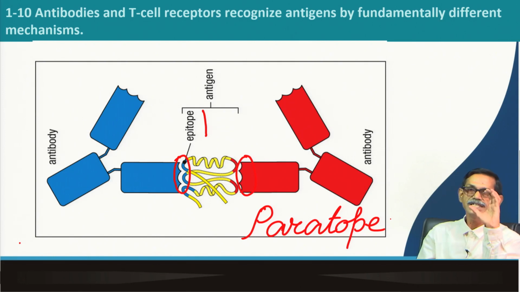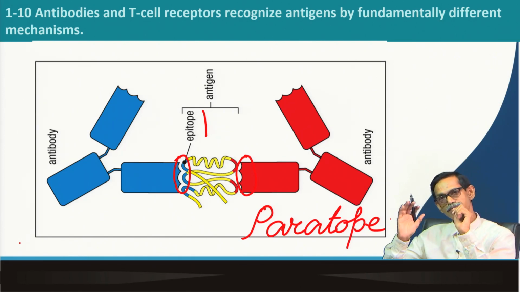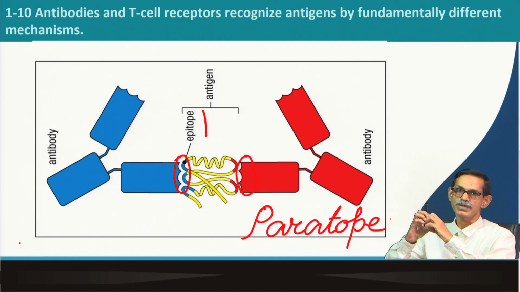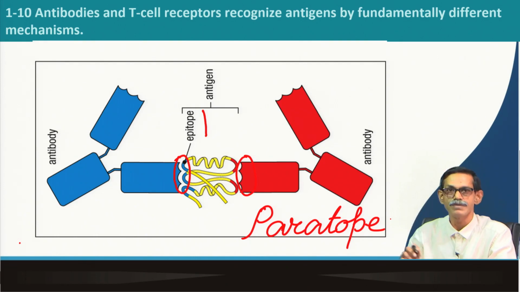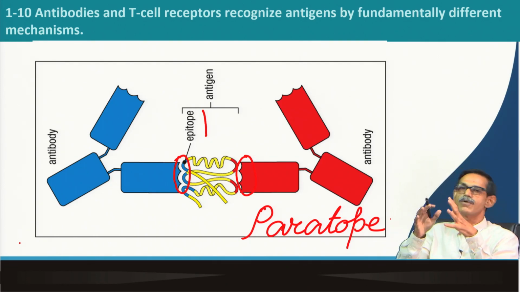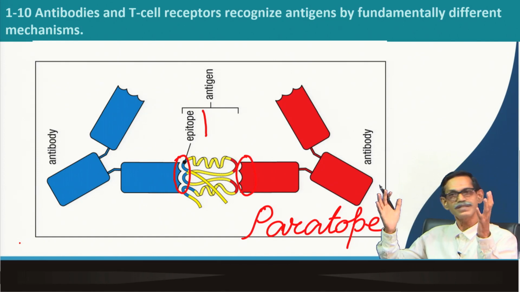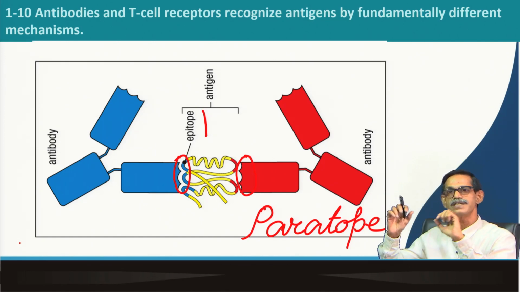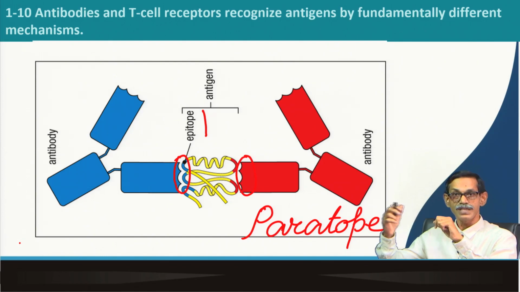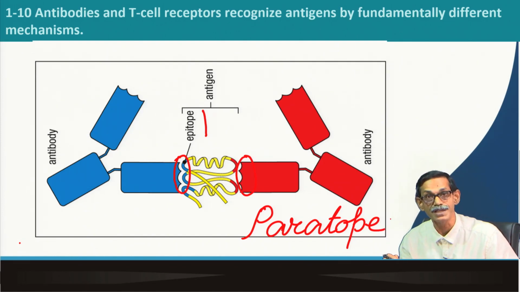So, the antigen binding site of the antibody is the paratope, and the antigen part which is recognized by the antibody is the epitope. You can understand from this figure that the whole protein is not interacting with the antibody, only small segments are. But in the case of a T cell, what is happening?